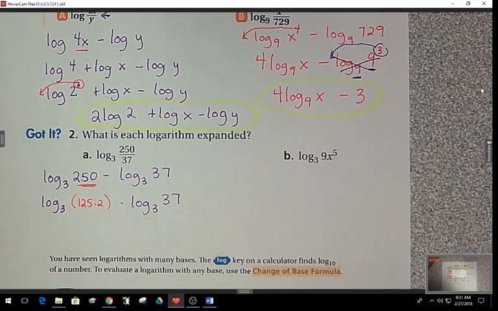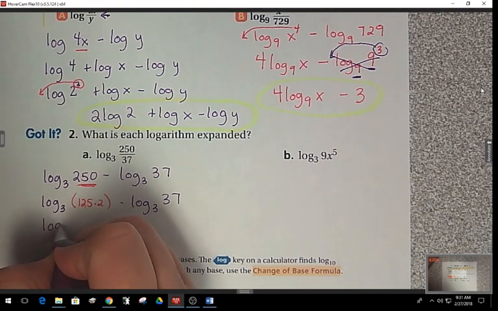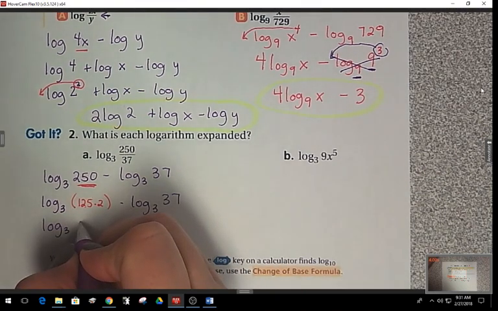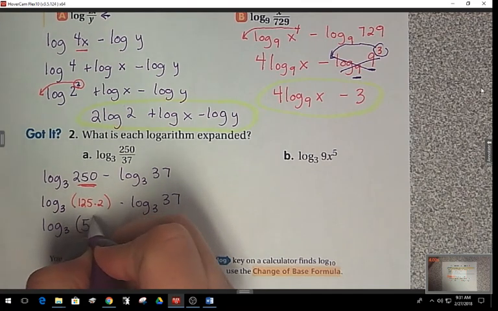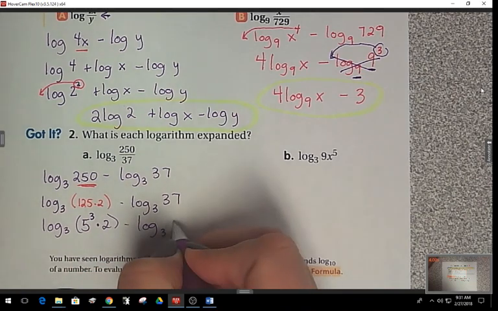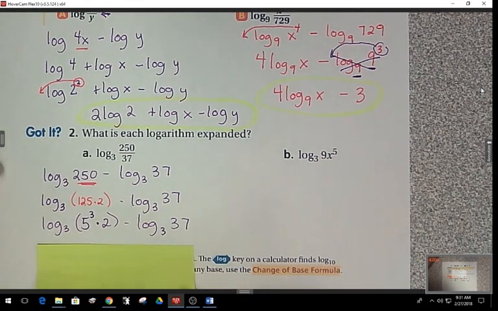Right, and I split 250 into 125 times 2. I'm also going to go ahead and rewrite that 125 as 5 cubed, and I didn't leave myself quite enough room, so I'm going to add in a little sticky note here and continue working on it.